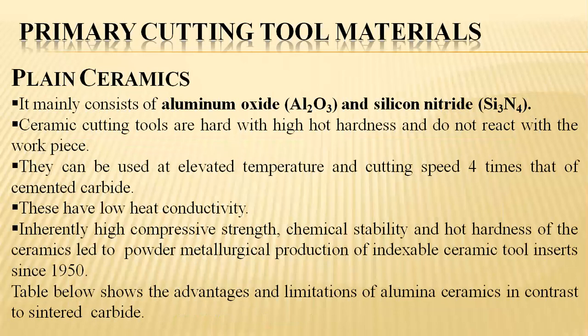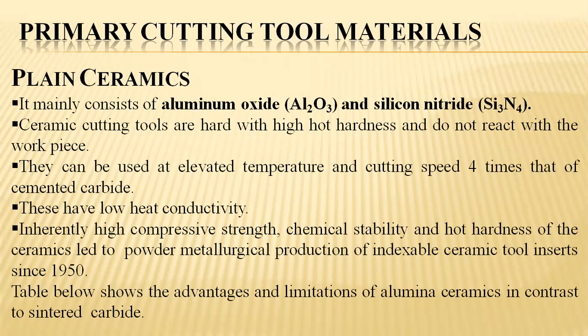The primary cutting tools in the case of ceramics mainly consist of aluminum oxide. Previously we covered metals, the ferrous and non-ferrous types, and now we come to ceramics: aluminum oxide and silicon nitride.